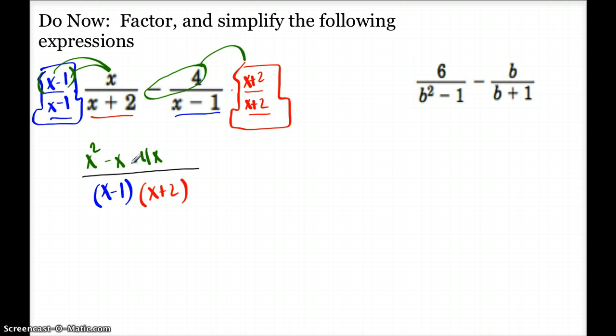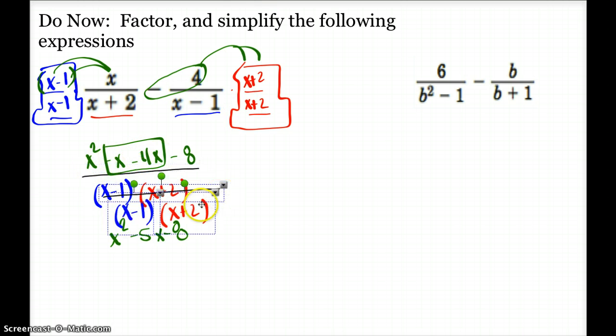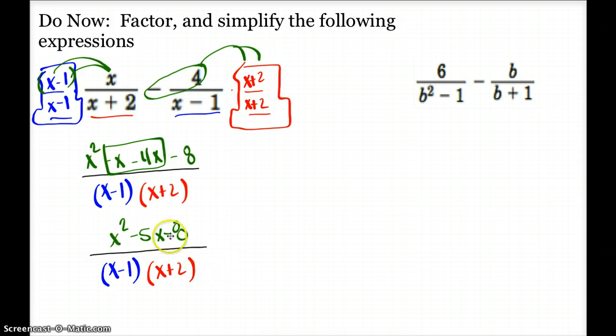Negative 4x and minus 8. Okay, we'll combine our like terms, which are these two, and we'll have x squared minus 5x minus 8. And our denominator stays the way that it is with these two items. And if you could factor out the numerator, you would, but in this one you can't.